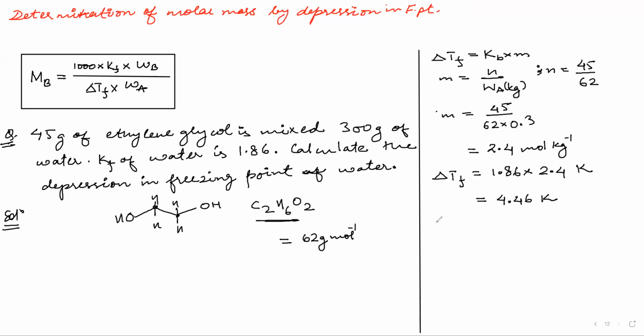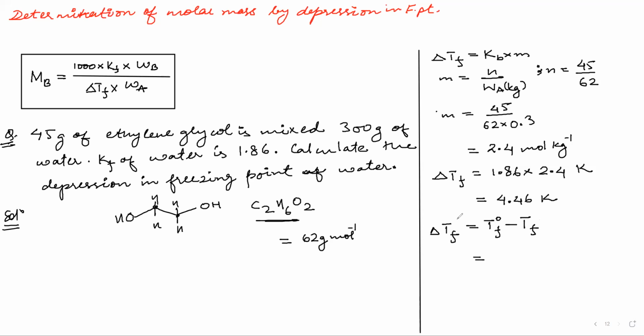4.46 Kelvin. Now, what is the depression? Delta TF is equal to T naught F minus TF. Now what is T naught F? What is the freezing point of water?